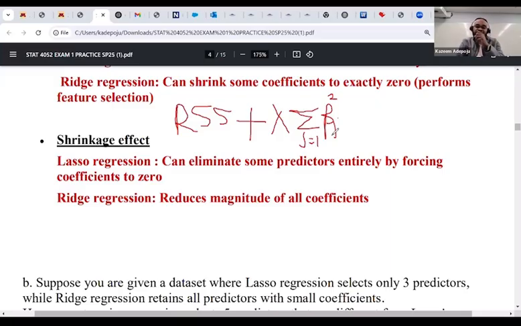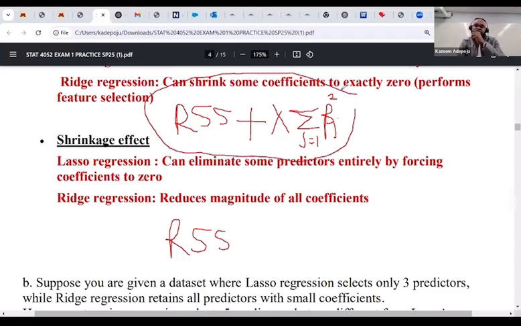Then for the lasso, the residual sum of squares, or let me just say the loss function. This is the loss function for the ridge, and the loss function for the lasso, okay, is going to be in the absolute term.